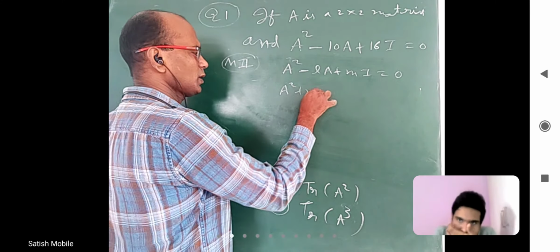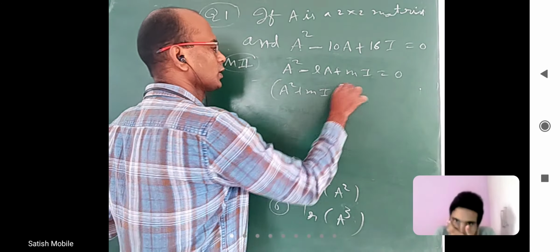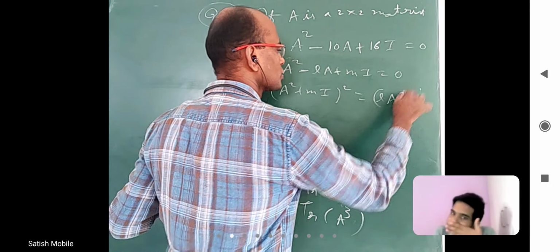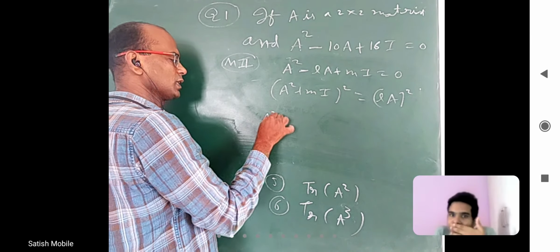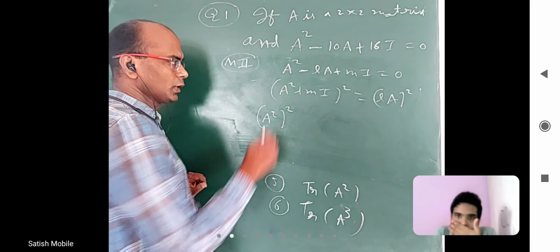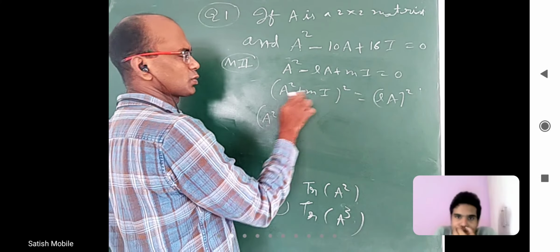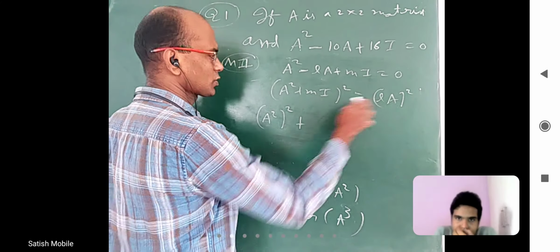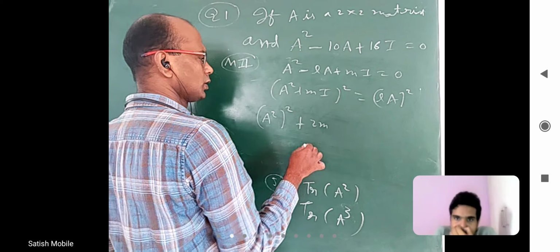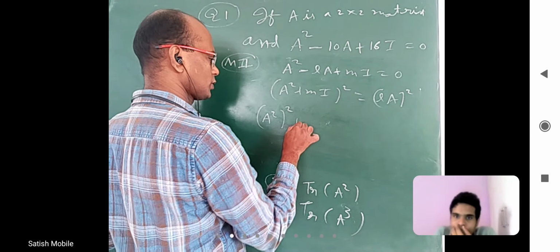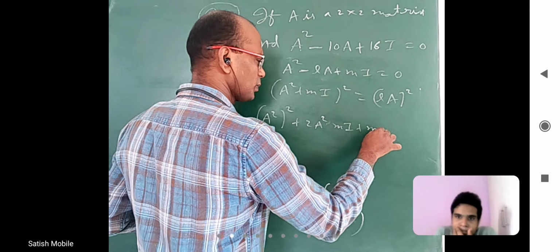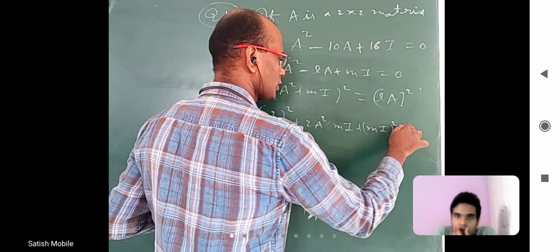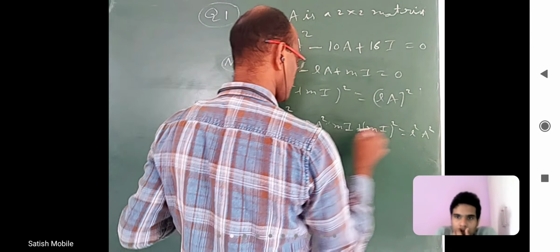A square plus MI whole square is equal to LA whole square. Send LA to that side, square it. Now expand it. What will come is A square whole square. This into this together is 2M A square. I want L square A square. Let me first write and then we'll do it. 2 into A square into MI plus MI whole square equal to L square A square.